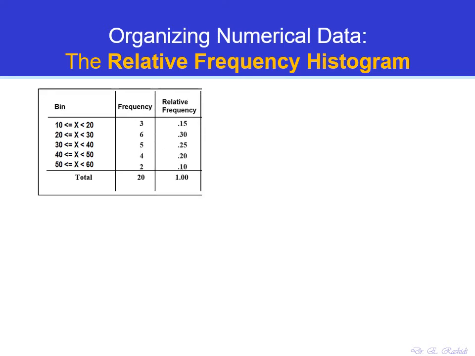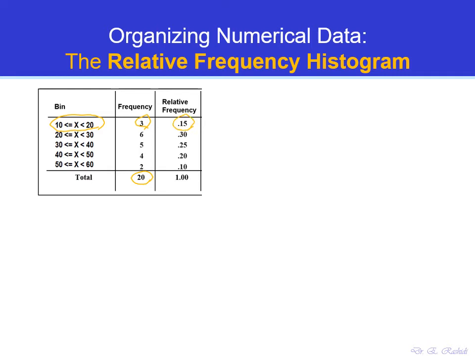How is this built? For the first interval or bin, numbers between 10 and 20, the frequency is 3. The relative frequency for this interval is the frequency 3 divided by the total frequency 20. 3 divided by 20 is 0.15.